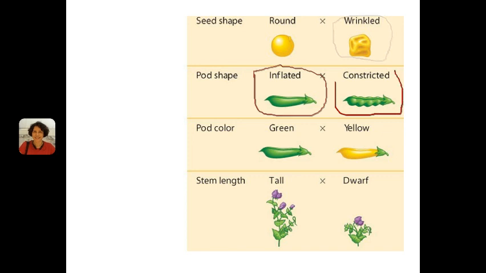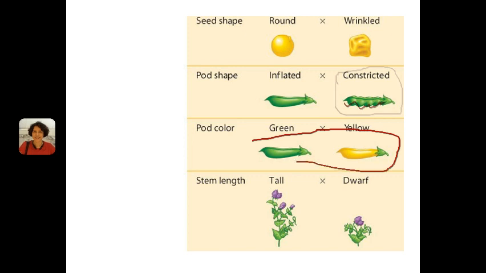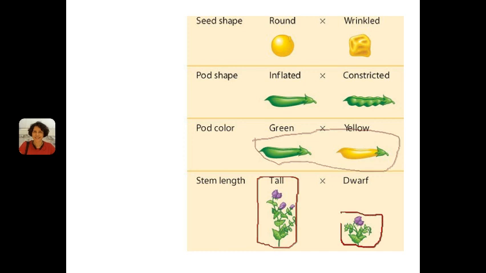The constricted would look almost as if it were shrink wrapped around the peas, and you could see the shape of the peas growing inside. The pods themselves also varied in color. They could be either green or yellow. And the length of the stem of the plant could be tall, so the plant would be about 2 meters tall, or dwarf or short, and then the plant would maybe be half a meter tall.